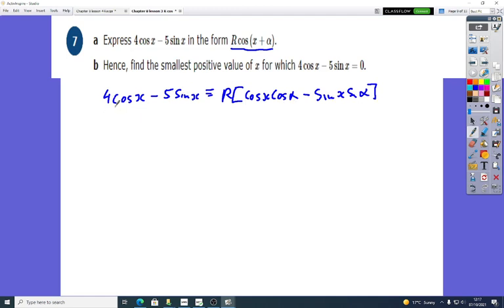So I'm going to match the cosines first. I'm going to get 4 cos x equals r cos x cos alpha. What I'll do then is cancel the cosines out, and I'll end up with 4 equals r cos alpha.